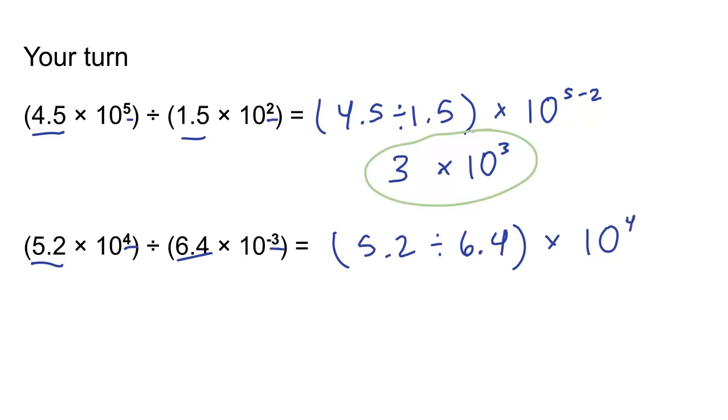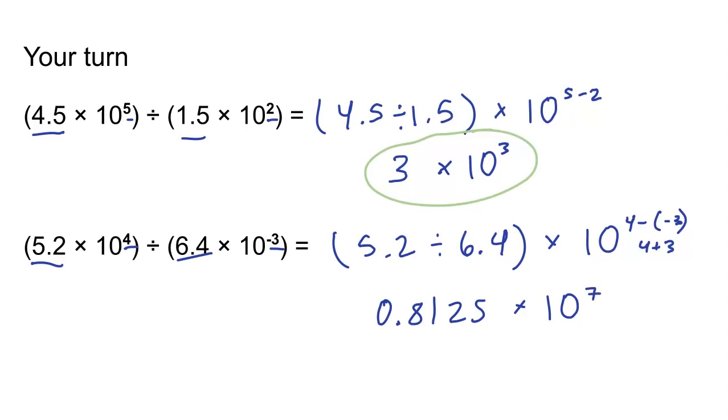So that becomes 4 minus negative 3. And 5.2 divided by 6.4 equals 0.8125 times 10, and 4 minus negative 3 becomes 4 plus 3, because subtracting a negative is the same as adding a positive, and 4 plus 3 is 7.